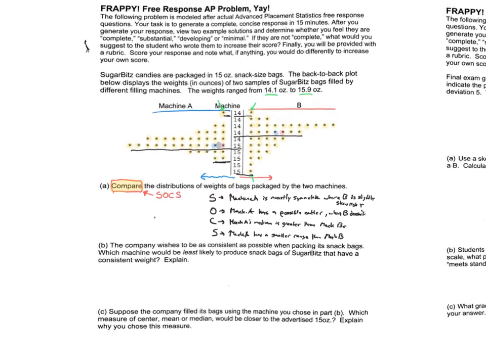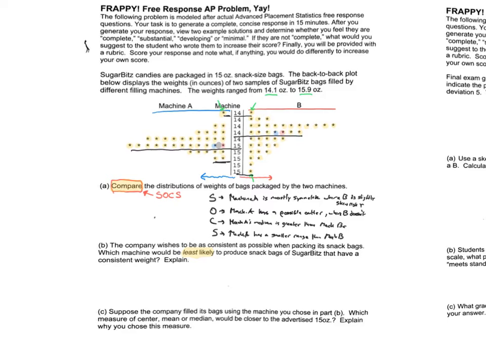Part B: the company wishes to be as consistent as possible when packaging the snack bags. Which machine would be least likely to produce snack bags that have a consistent weight? So we're looking for the least likely. That means the one with the bigger spread, right? Bigger spread means more variability. More variability means your bags can end up all over the place, right?